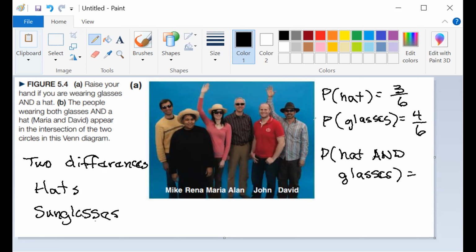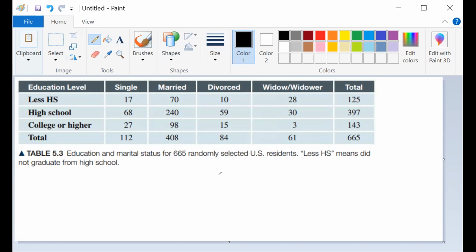So here we have a table. This table describes education and marital status for 665 randomly selected residents. It's right there at the bottom. We can do probabilities here. Let's say we're looking at the probability that a person is married.